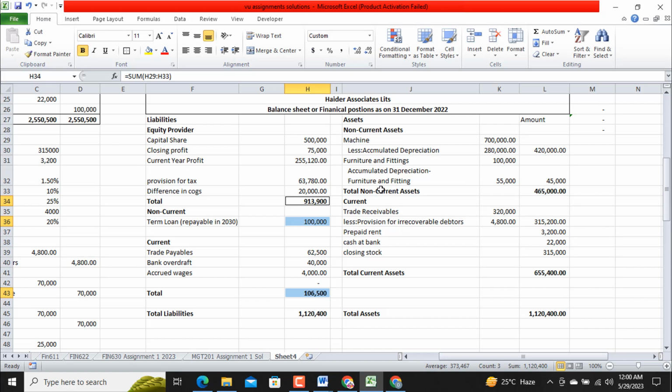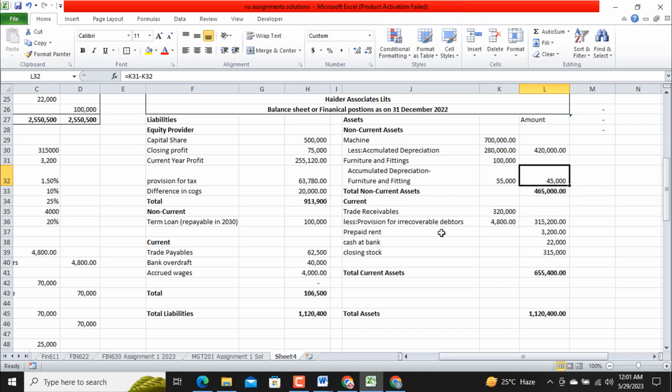Cumulative depreciation regarding furniture and fittings is 50,000. It is also obtained by adding the new depreciation into the cumulative depreciation. Look at this, I have added D20 plus H16. By subtracting this 55,000 from 100,000, we get 45,000. Total non-current assets is equal to 465,000.